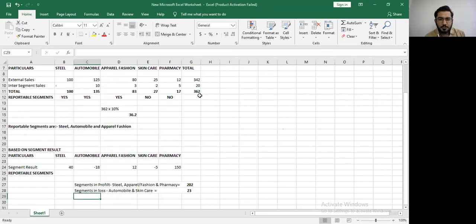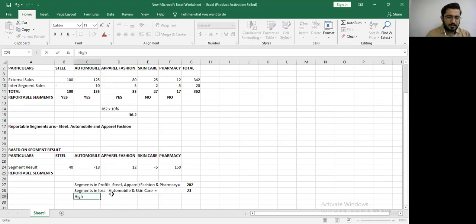Now my question to you is, which one will you select? 202 or 23? In profit or loss, which one will you select?